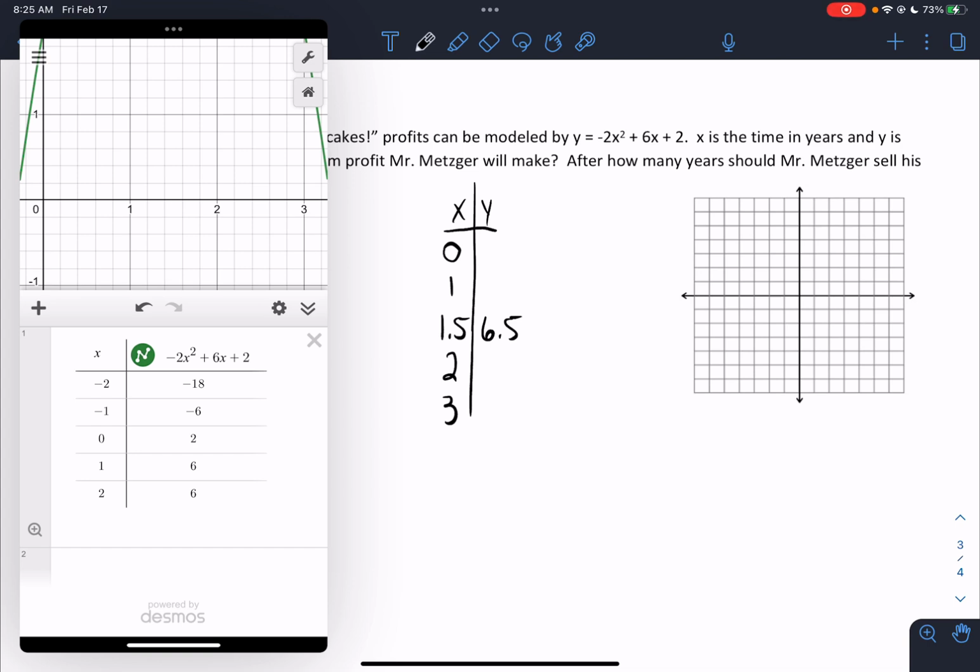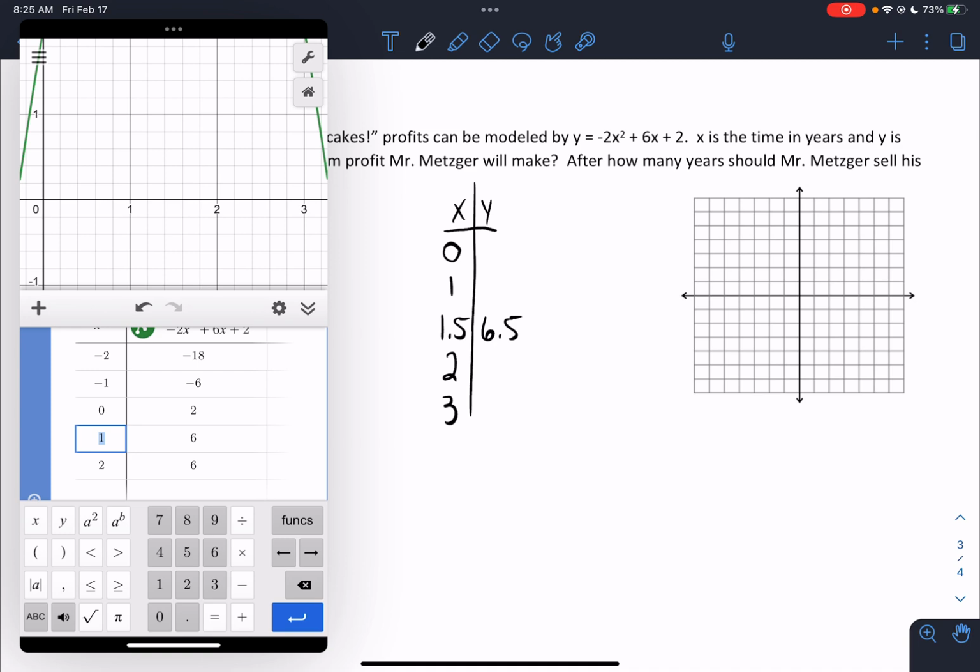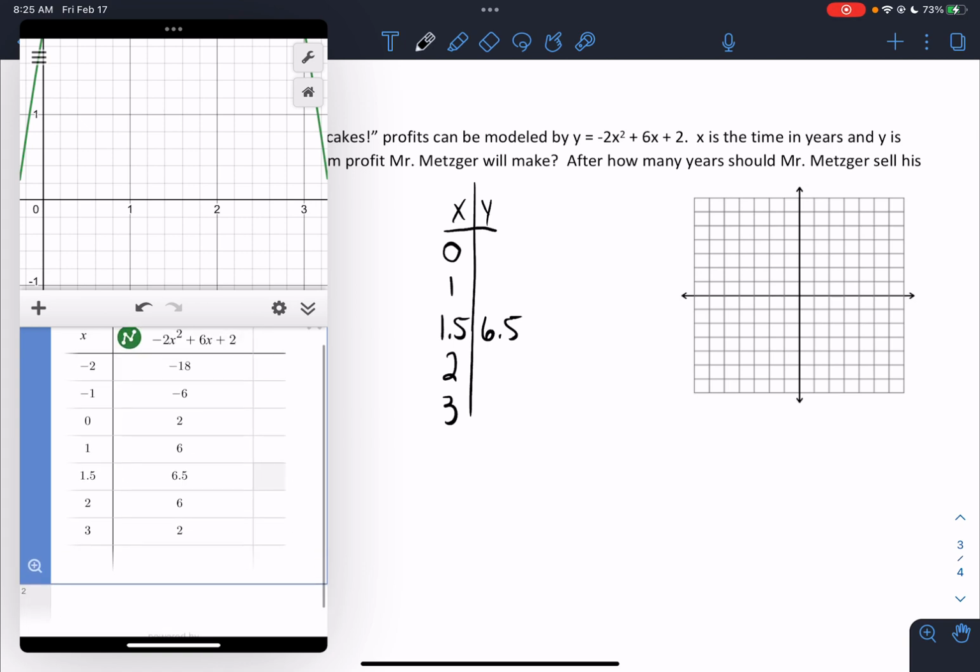I'm going to add these ordered pairs on here. I'll have to put in 1.5 where it needs to go, and then add in 3 as well. So 0 is 2, 1 is 6, 1.5 is 6.5, and 2 is 6. Now I can go ahead and graph this.